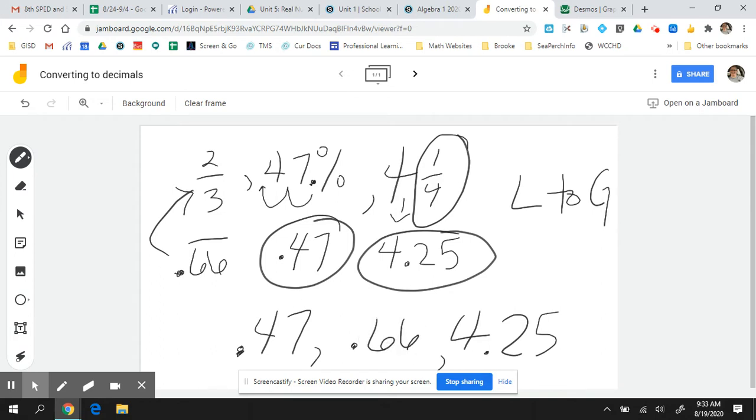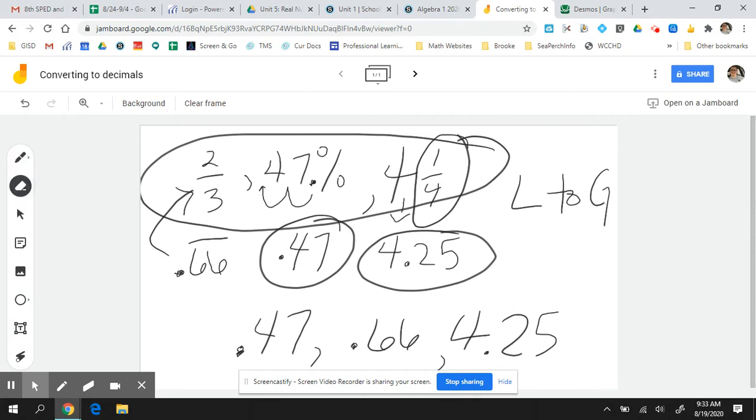Now, some answer choices that you will get go back to the original. So let me erase what we just did one at a time. 0.47, we would need to write as 47% is our first one.